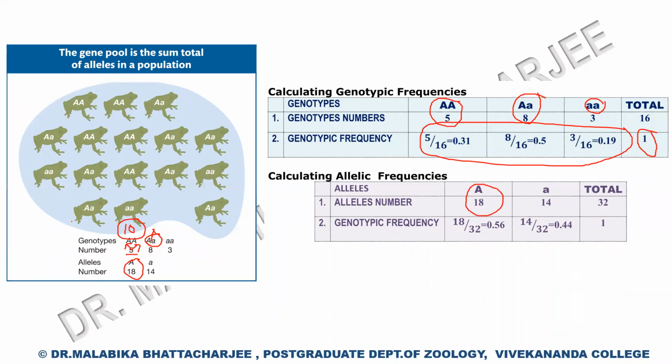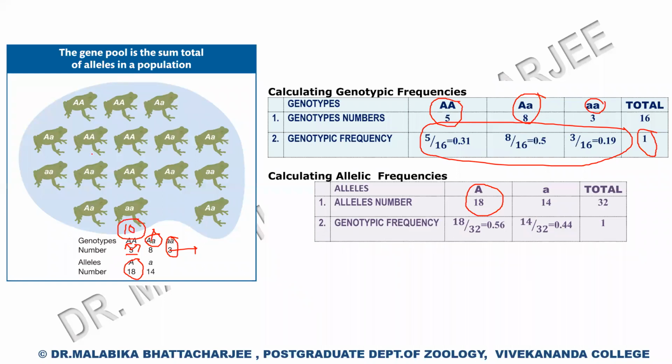Now let us calculate how many small a alleles there are. If you simply calculate the number of small a alleles, we have 3 individuals. Each individual is contributing 2 small a alleles, so 6 small a alleles from the homozygotes.